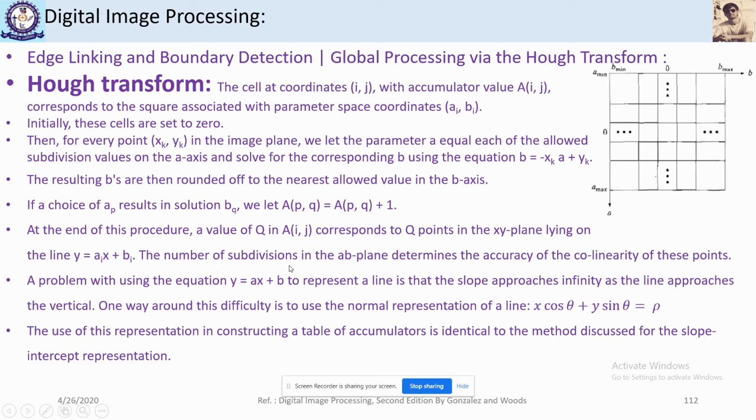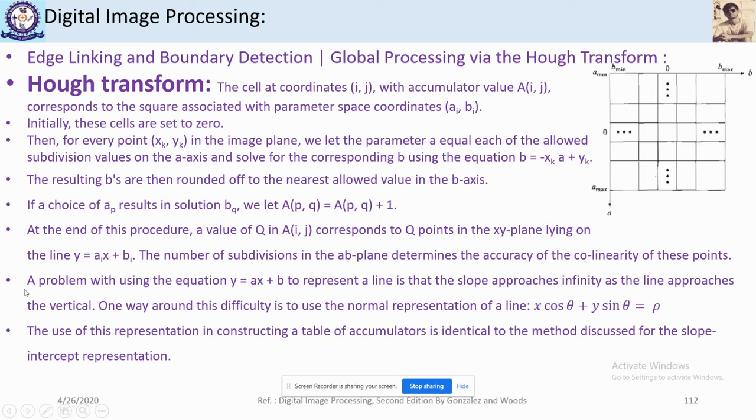The number of subdivisions in the ab plane determines the accuracy of collinearity of these points. If the number of points is more in the x and y direction, that will give us more precision in the collinearity of the points on the line in xy plane. Right, that is quite intuitive. The smaller the value we take, the more precision we will get in the straight line in the xy plane.